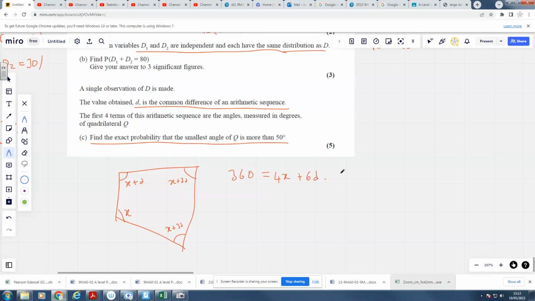Cool. Okay. Now we want the probability that the smallest angle of Q is more than 50 degrees, yeah? In other words, we want to make sure that X is greater than 50, yeah? So if X is greater than 50, well, let's rearrange this to make X the subject. 360 minus 6D over 4 is X, yeah?